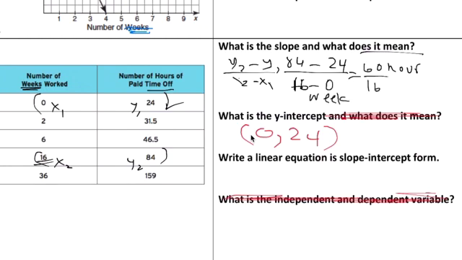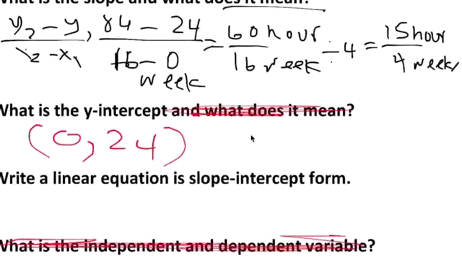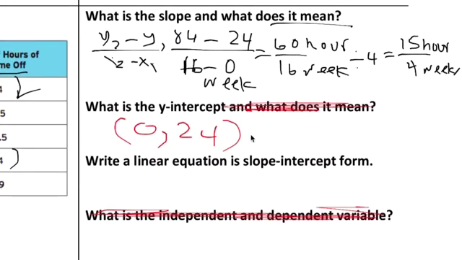We get 16, and 16 times, it doesn't go in evenly. Let's reduce it by 4. 4 times 15, yeah. Divide by 4. 4 times 15 is 60. 15 hours every 4 weeks. So the answer is 15 hours every 4 weeks.